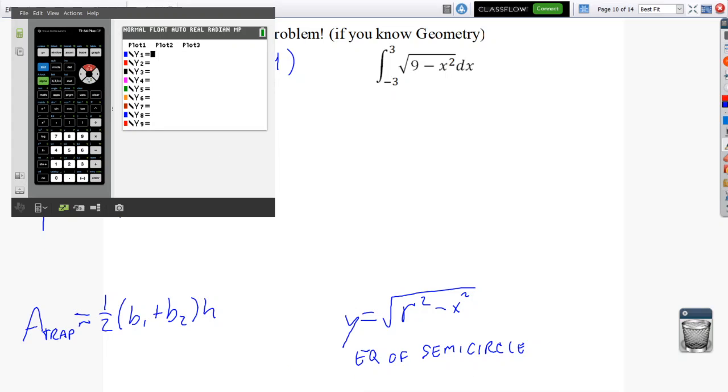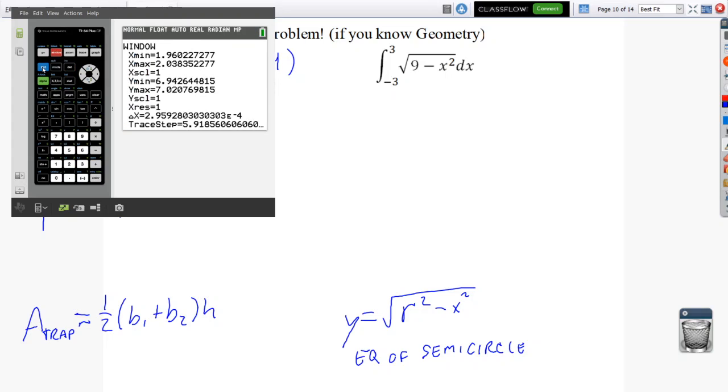I can graph the function, the second square root, there we go, of 9 minus x squared.